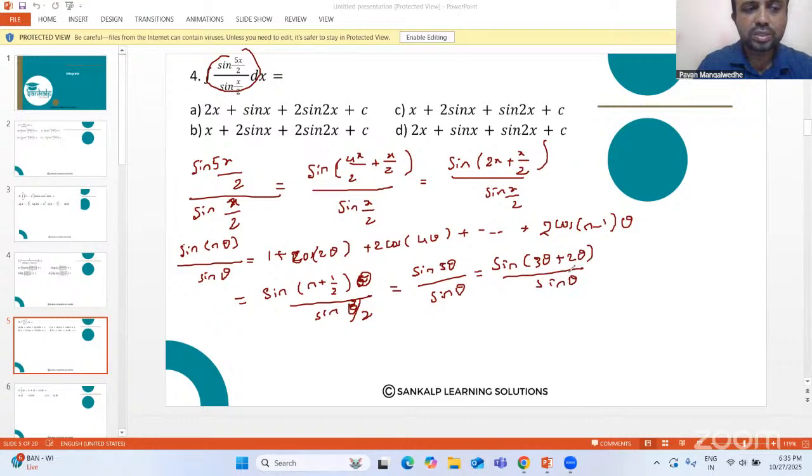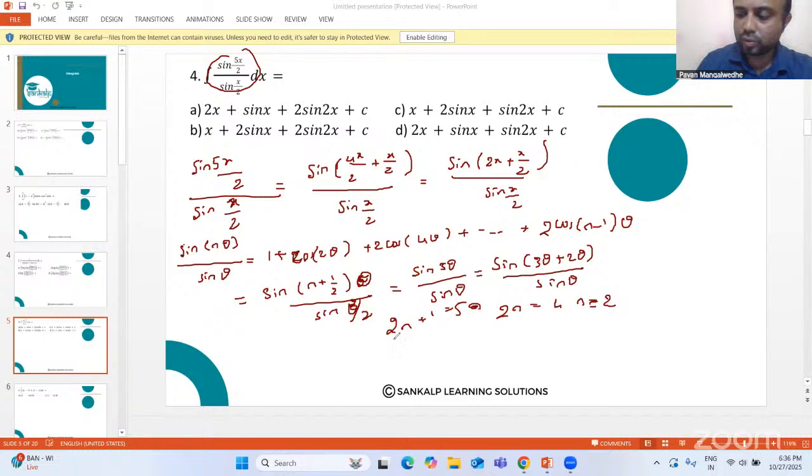Wherever 2n plus 1 is equal to 5, 2n is equal to 4, which implies n is equal to 4 by 2, that is 2.